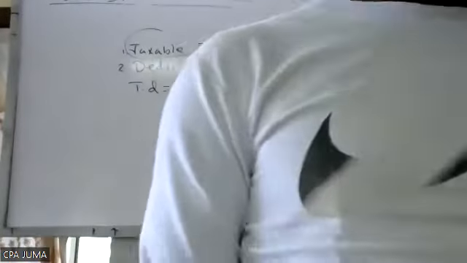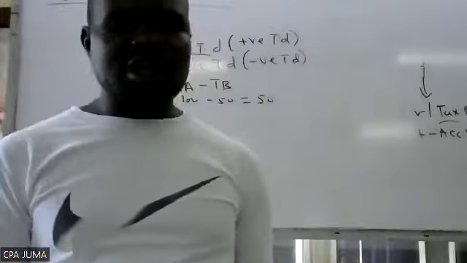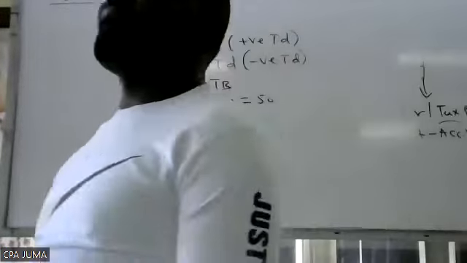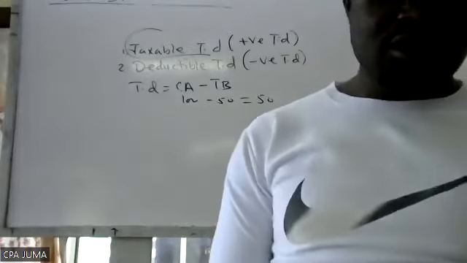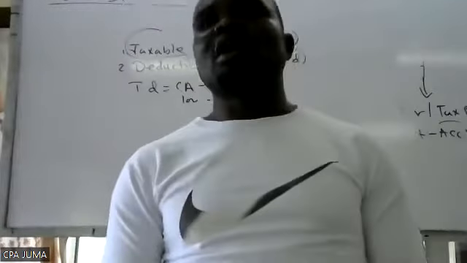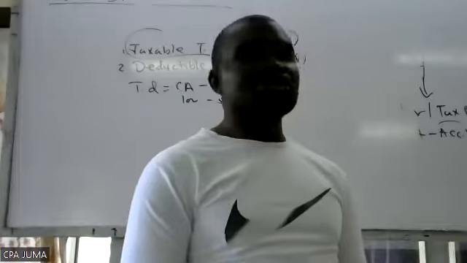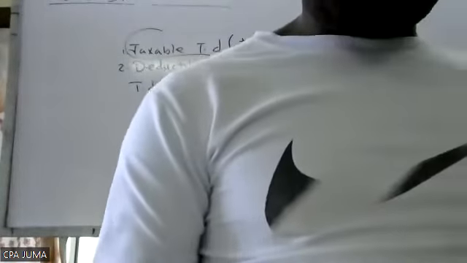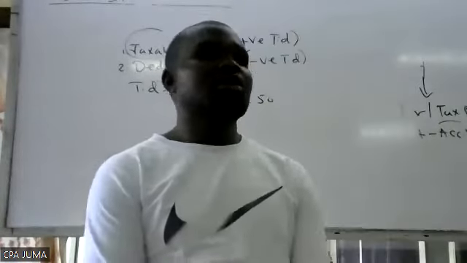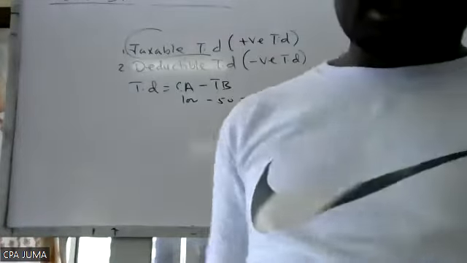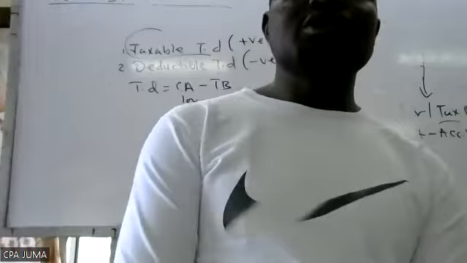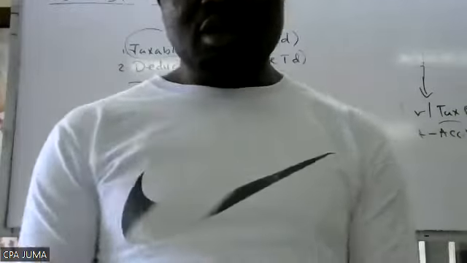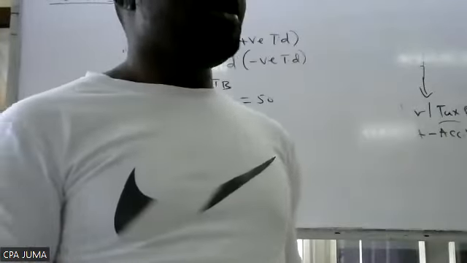You say they are differences which arise when an item has been considered in one profit computation but ignored in the other profit computation.